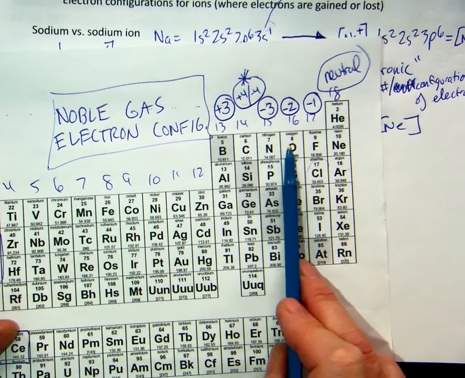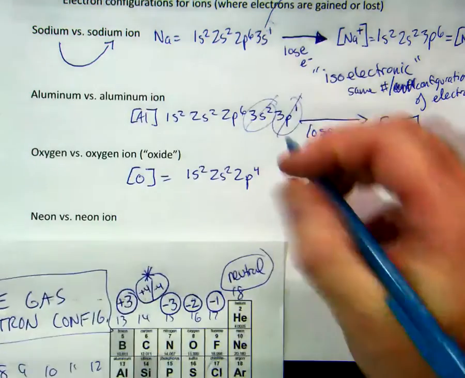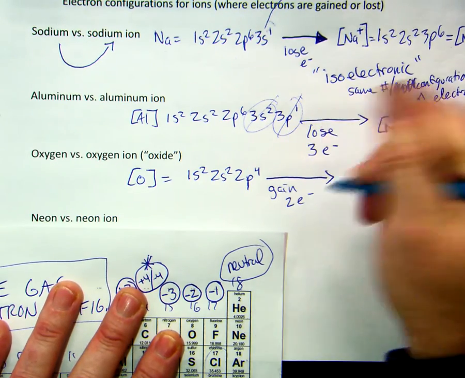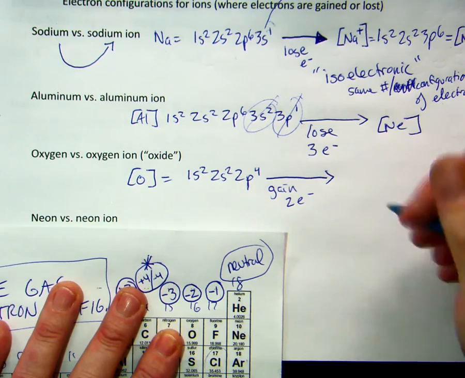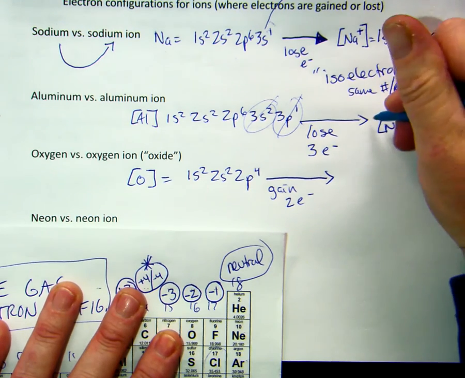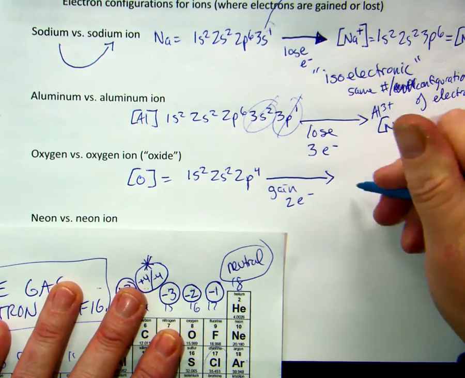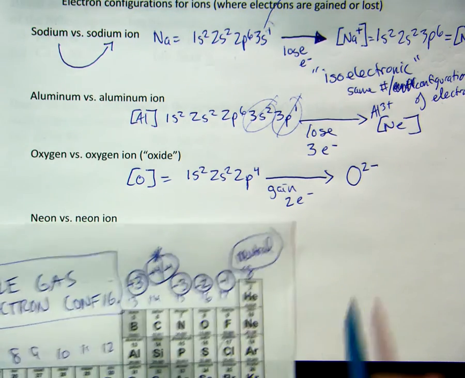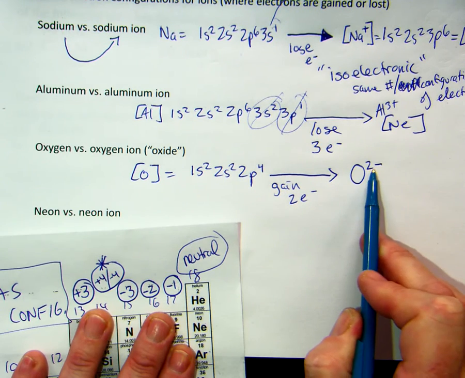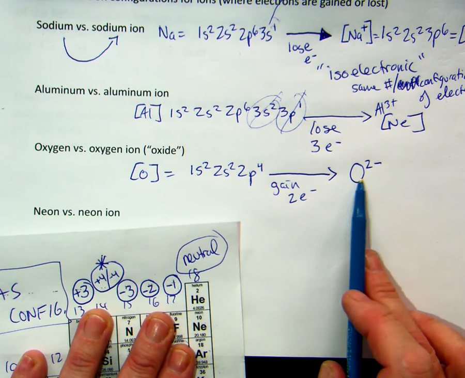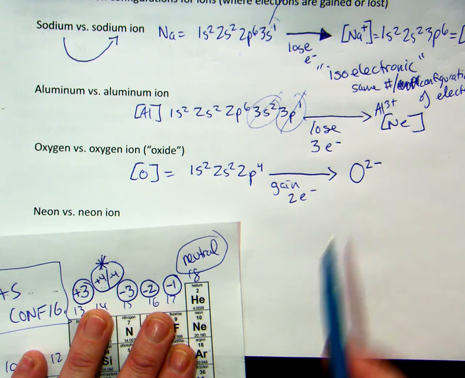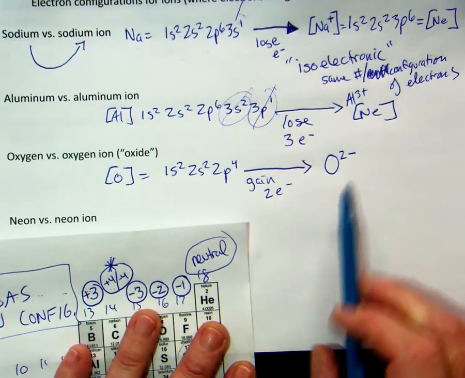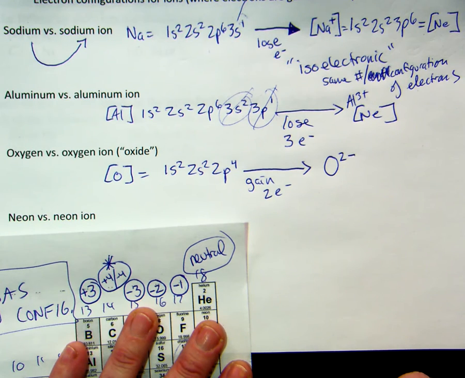This whole column predictably gains 2 electrons. So it's going to gain 2 electrons. By the way, I wanted to write that this is aluminum with a 3+ charge. This is going to become oxygen with a 2- charge. Remember, you gain electrons, you gain negative charge. An ion means a charged particle, so this is a negative ion. Its name happens to be the oxide ion.